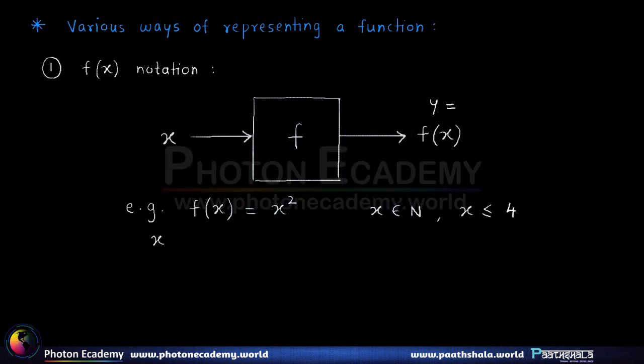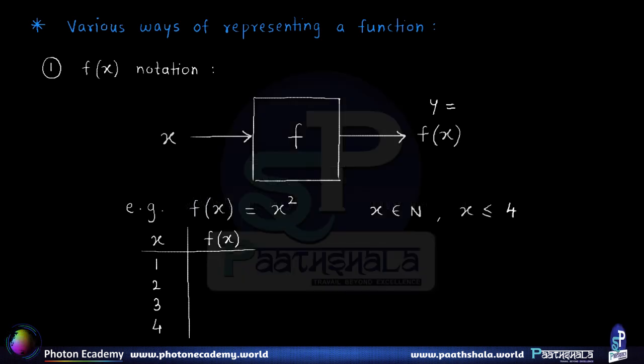So that means x will take the values 1, 2, 3 and 4. These are the only possible values for x, isn't it? Now if that is the case, then the corresponding values of f of x are nothing but the square of the value of x. So here we will get the squares of 1, 2, 3 and 4, which are 1, 4, 9 and 16 respectively.